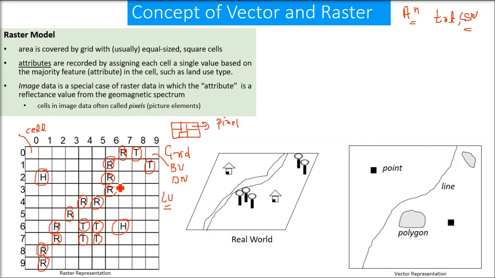So these pixels are assigned in a grid structure. Every point has some value, and this is called a pixel, and this grid is called the raster data. An image is also raster data. It can be from remote sensing, from aerial photography, or even from your mobile.